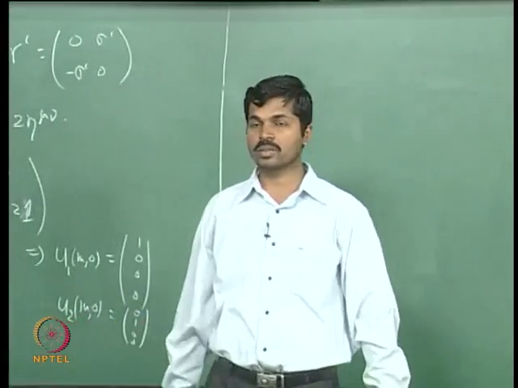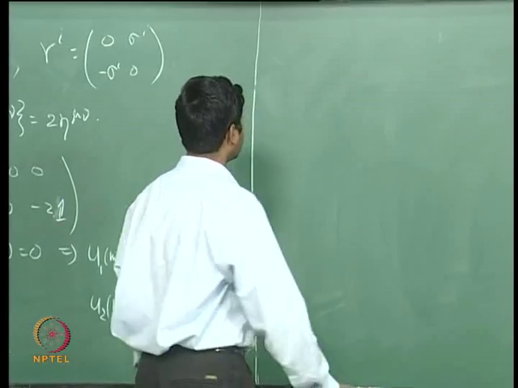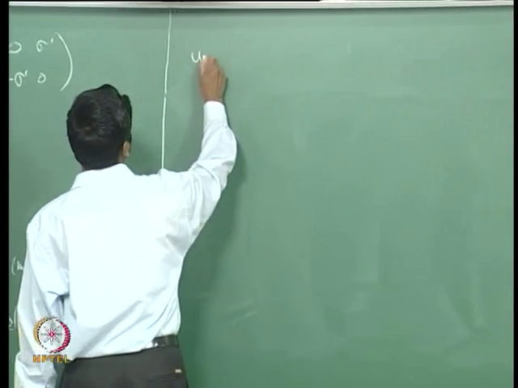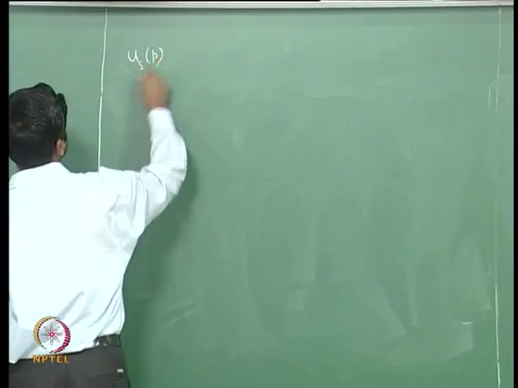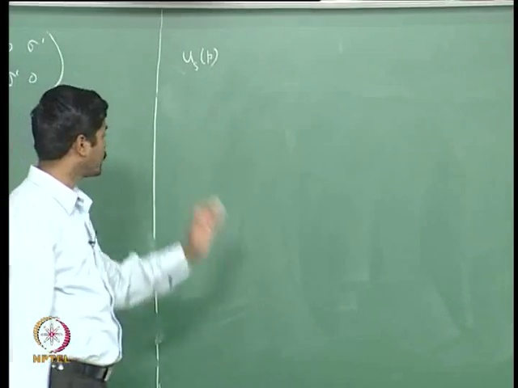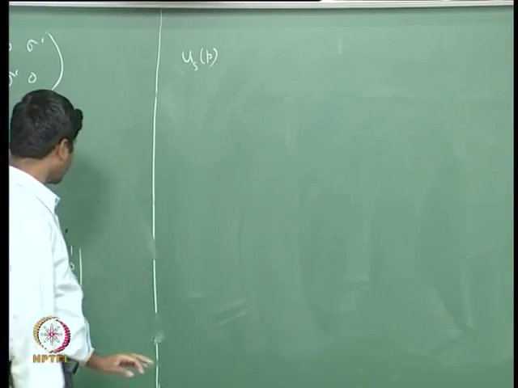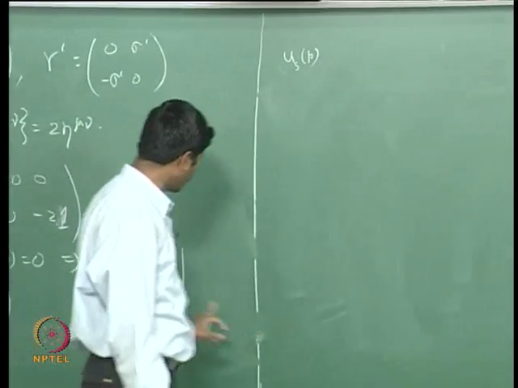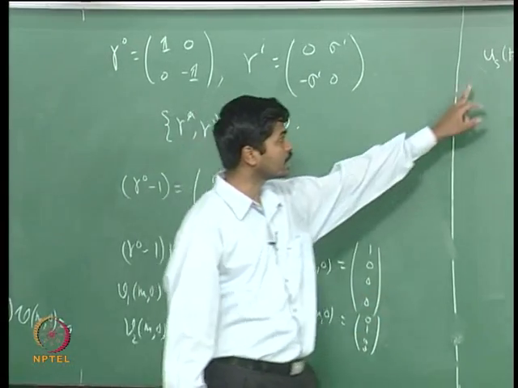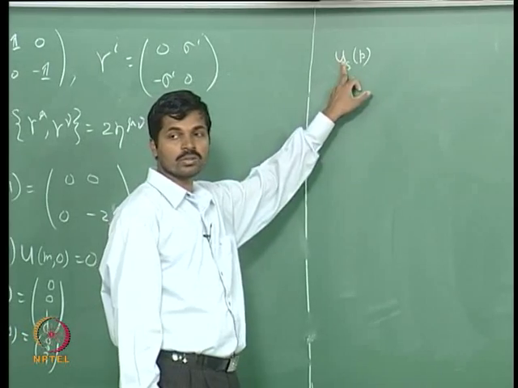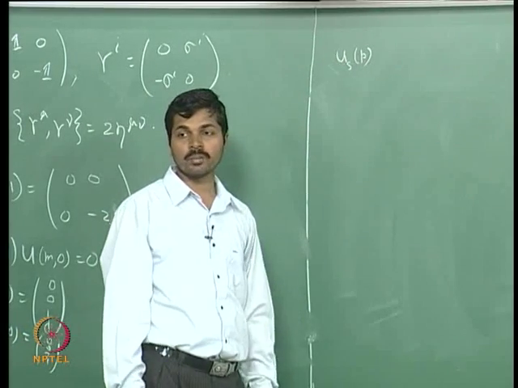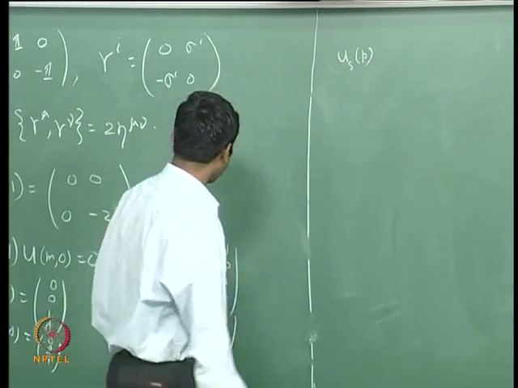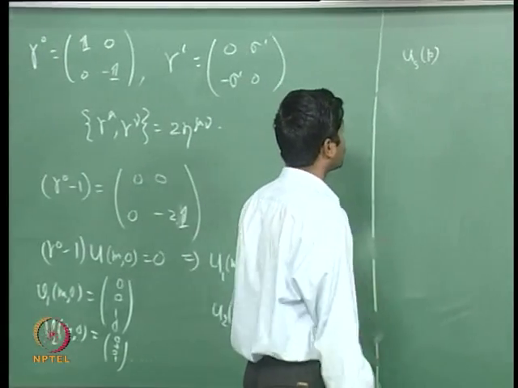What we will do now is that we will find the general solution for u s p in any general frame. This you can do in 2 ways. First is, of course, you can use a boost, and then you can construct the general solution for any arbitrary momentum. We will not do that.